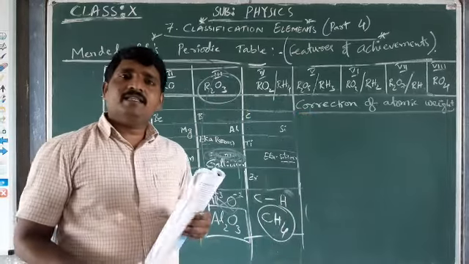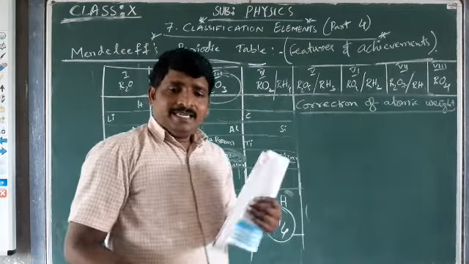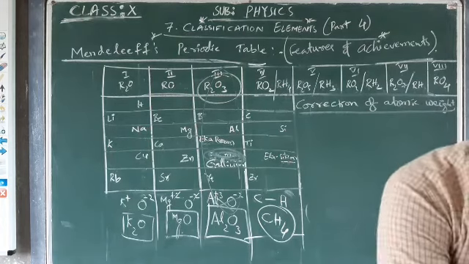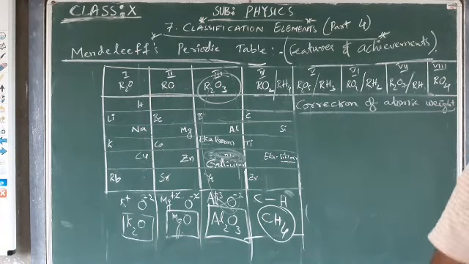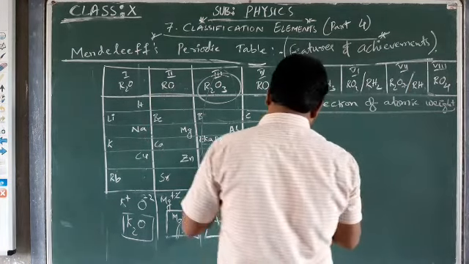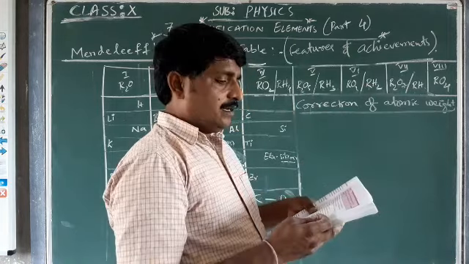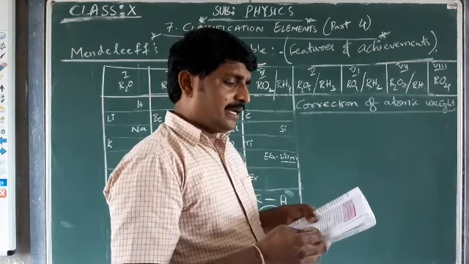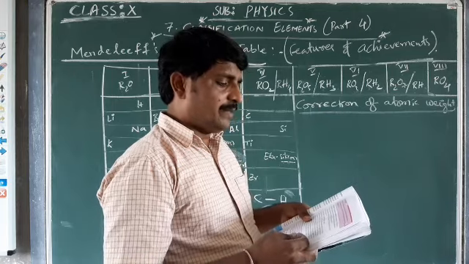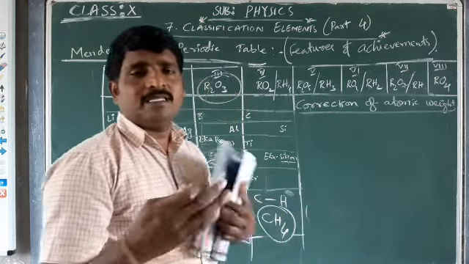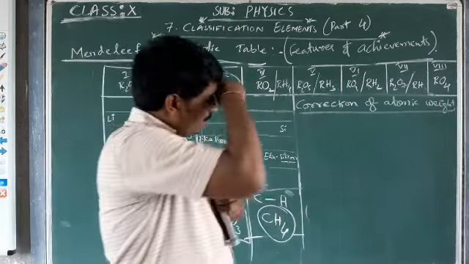See, at the time of Mendeleev, the placement of elements in the Mendeleev periodic table helped in correcting the atomic weights of some elements like beryllium, indium and gold. That helped in the correction of those elements.